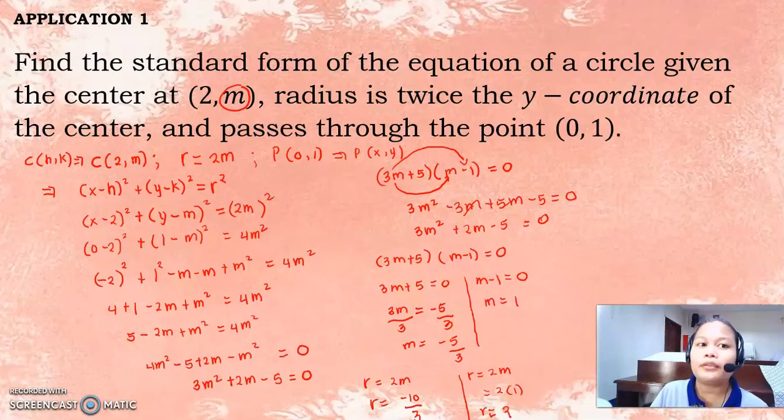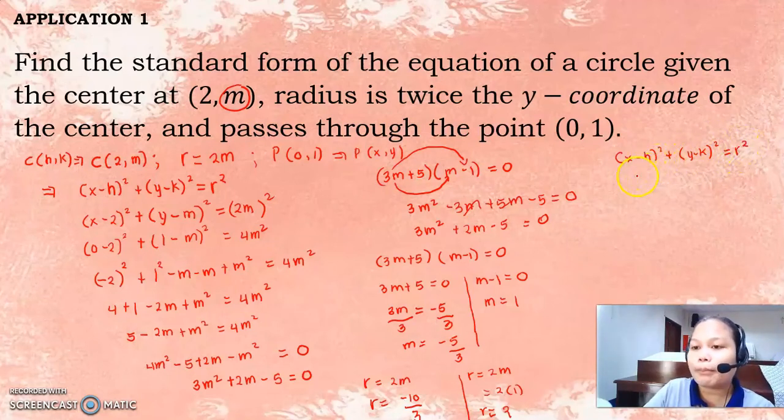So we are going to write now the standard form of the equation of a circle. Given the center at 2m. We have here within the quantity of x minus h squared plus within the quantity of y minus k squared is equal to r squared.